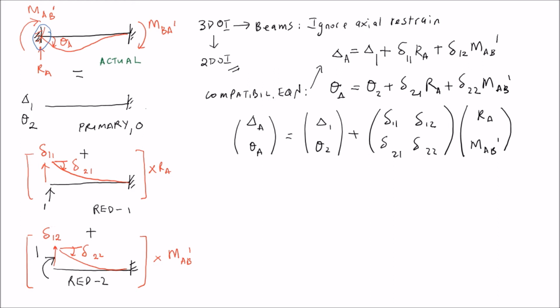Alright, so in order for you to get the values inside this parenthesis, if you can still recall from our last few classes, delta ij is equal to the integration of mi mj divided by EI dx. So what you need to do is just to find out the moment.